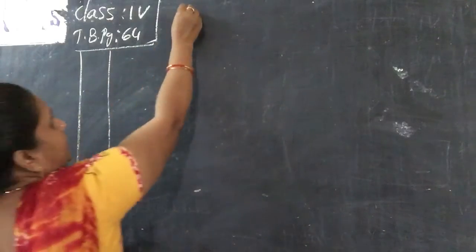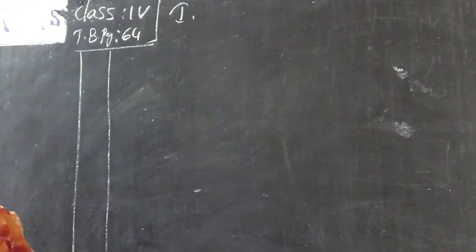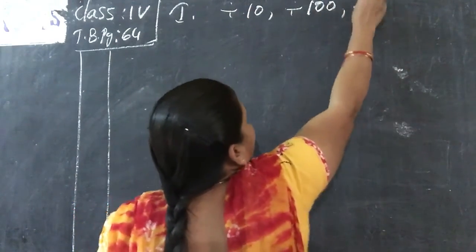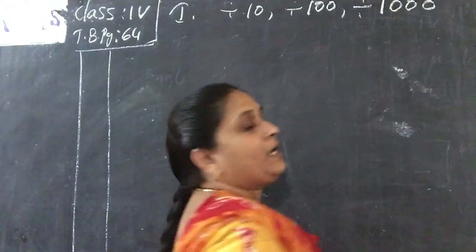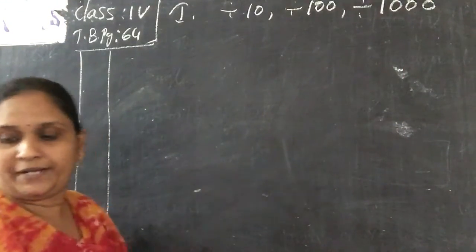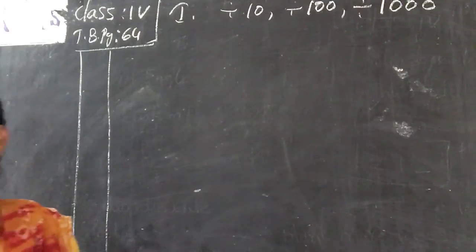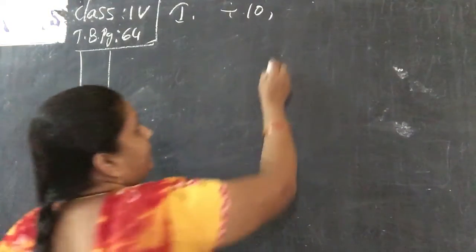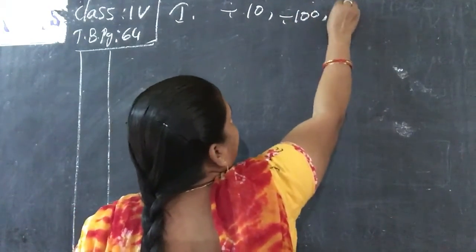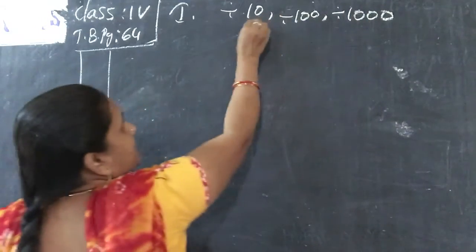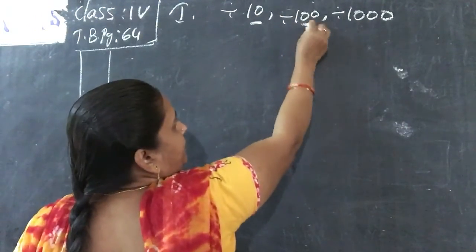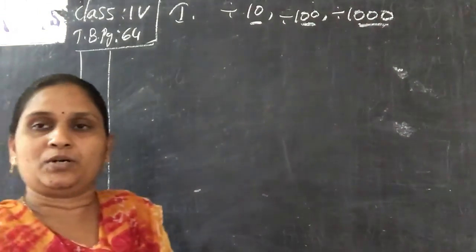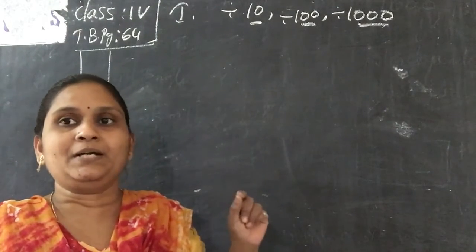While dividing by 10, by 100 and by 1000, you have to find out how many zeros are there. 10 has 1 zero, 100 has 2 zeros and 1000 has 3 zeros. And based on these zeros, the last digits will be the remainder.